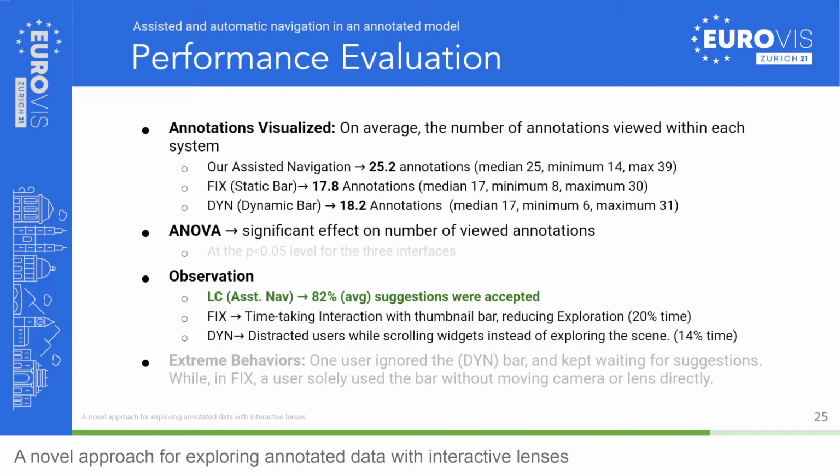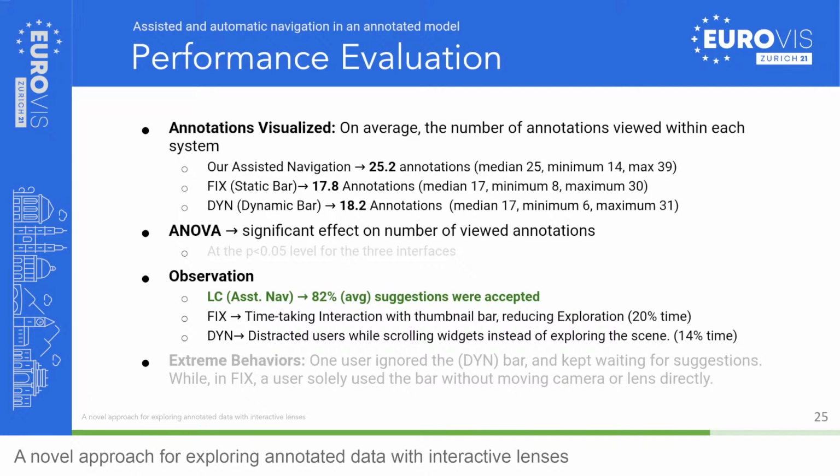On average, with our assisted navigation, a user viewed almost 25 suggested annotations in each session, compared to a fairly lower rate of 17 and 18 annotations in the other 2 interfaces respectively. ANOVA results confirm the significant effect on the number of viewed annotations. With our controller, 82% of the proposed suggestions were accepted, showing the relevance of the scoring system.